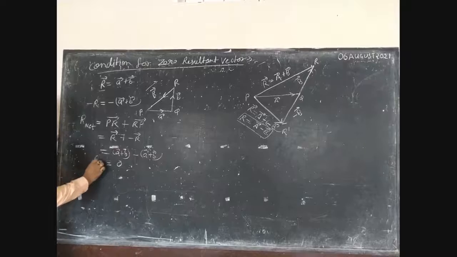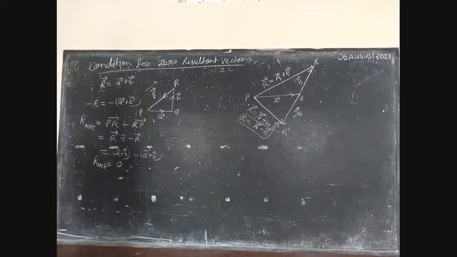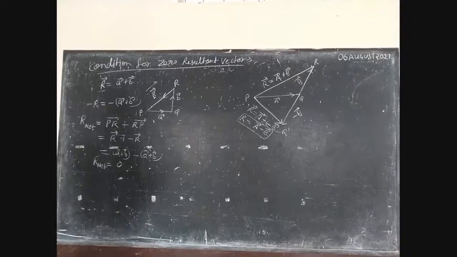This is the condition of zero resultant vector. That is, when three vectors act along the sides of a triangle taken in one order, the resultant of the three is 0.